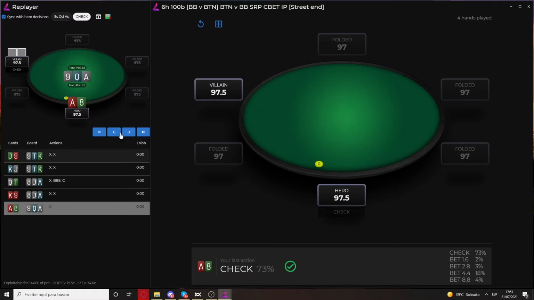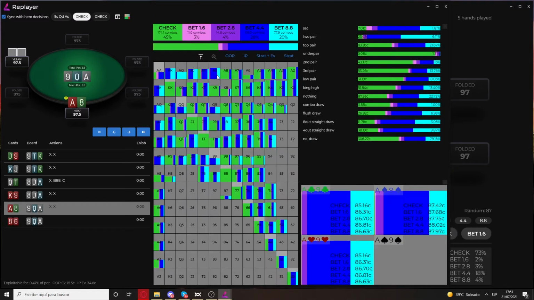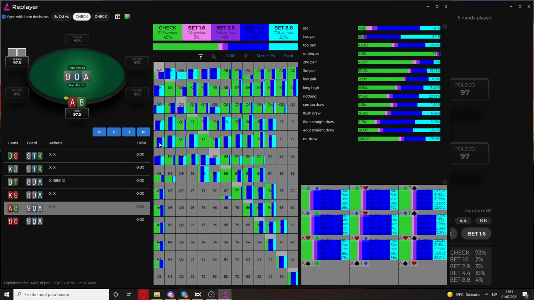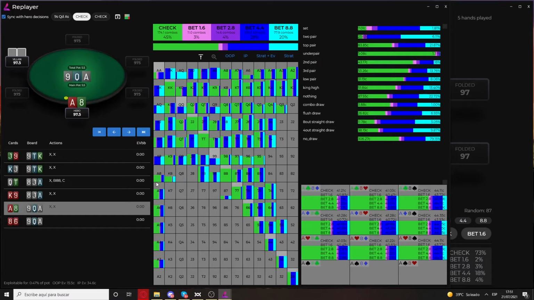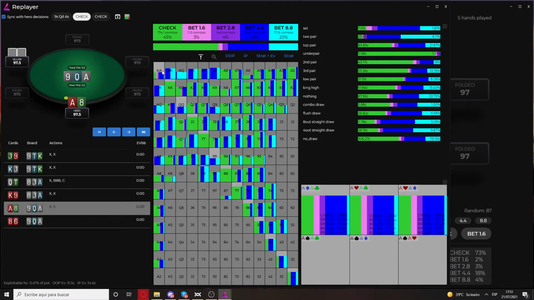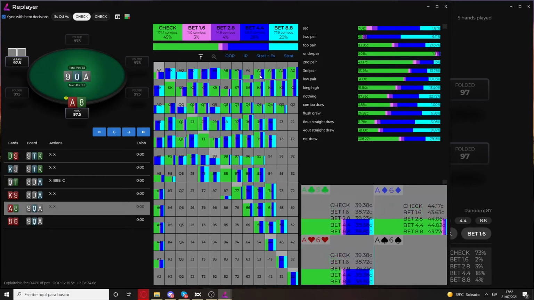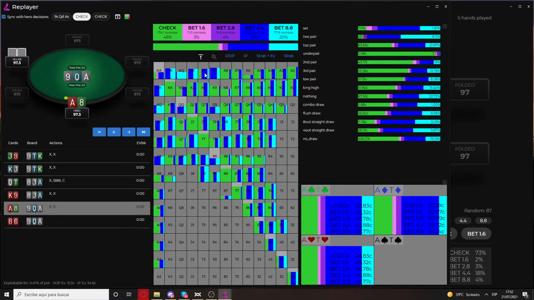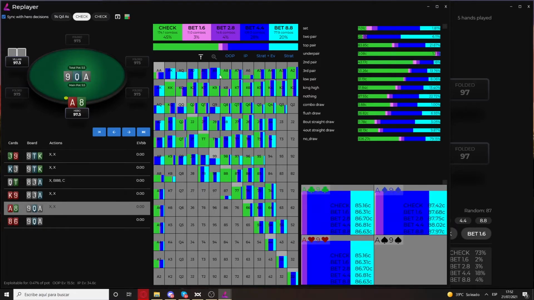Okay, so not quite 50-50, it's more like 30-70, right? So Ace 10 is betting 60-70%, and then Ace 8 is already tapering off a lot. So it's not quite like a gradient where it starts betting less and less in a uniform way. It's betting less and less, and then from Ace 10 to Ace 8 it drops a lot.